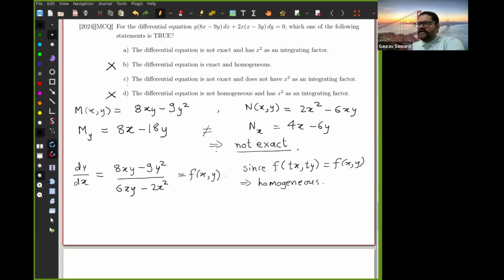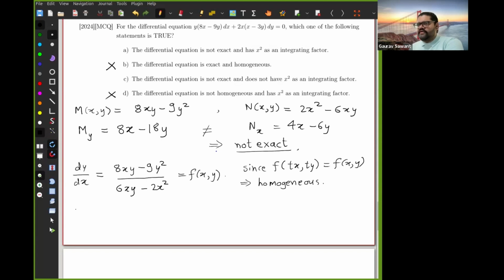Now, if you look at the remaining two options, non-exactness was already mentioned, but it just asks whether x square is an integrating factor or not. So our matters are actually much simpler. We simply multiply both M and N by x square and see what happens.